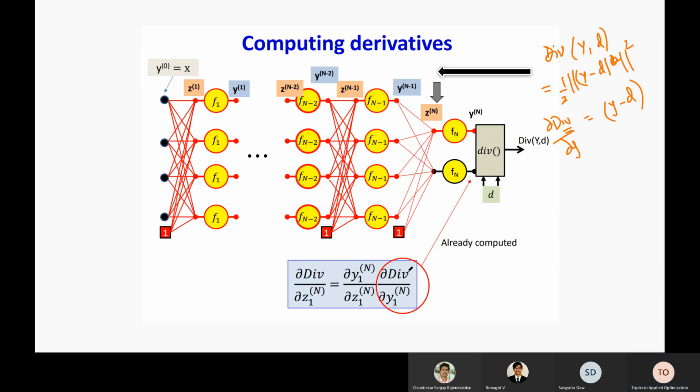Isn't it that I know this? Yes, I know this because y is known from my previous forward pass, and d is also known because that's the given label. So this is a known quantity. That's why I say it is already computed.